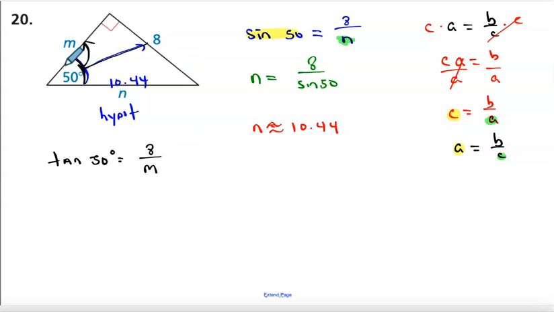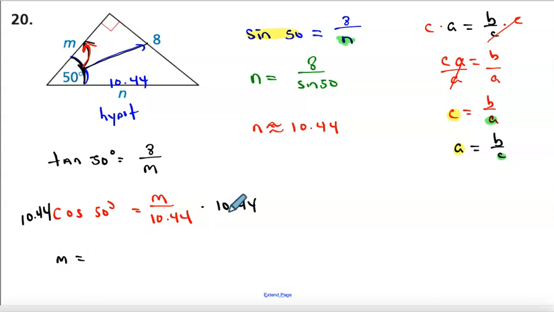If you want to just use sine and cosine, then you could do cosine of 50 degrees is equal to the adjacent over, now you found your hypotenuse, which is 10.44, and you should get pretty much the same answer. This way might be a little easier than the other way, but same answer.